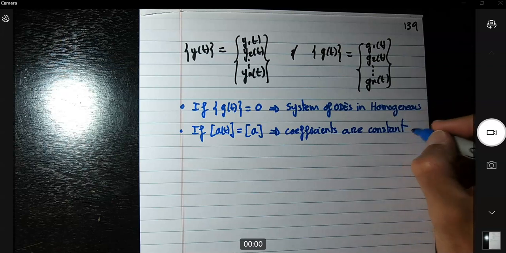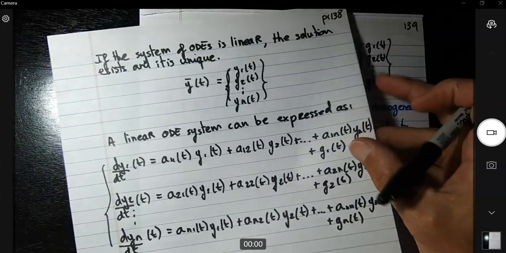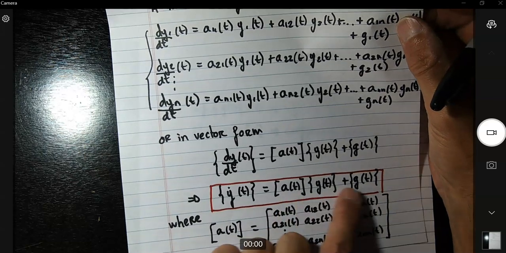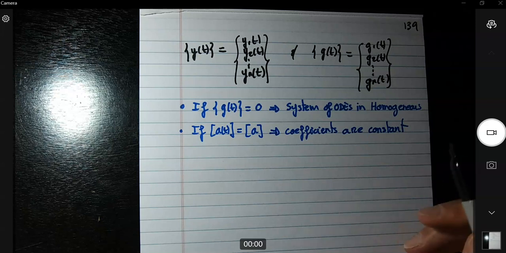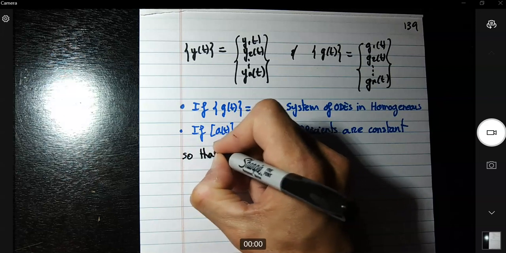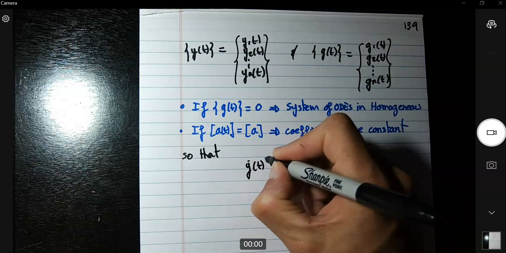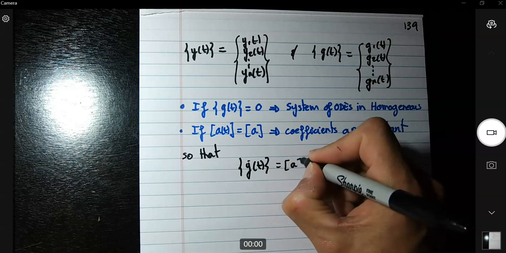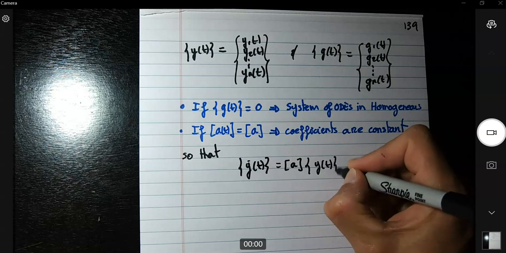So in that case, we can write that equation in this form: this will be constant in function of t, and this will be 0 over here. So the equation becomes: y dot of t vector will be equal to the matrix of constant coefficients A times y of t.